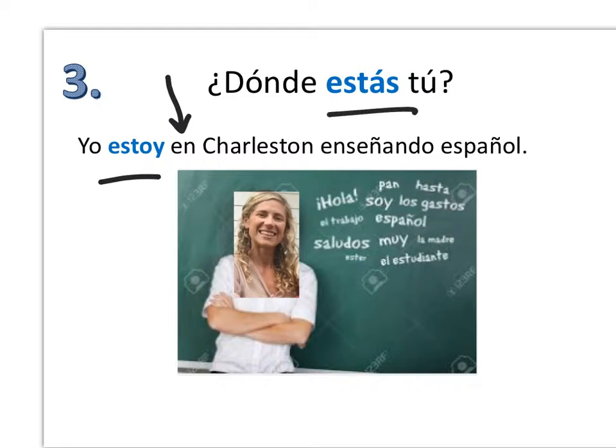Estoy en versus soy de. Yo estoy en Charleston enseñando español. ¿Comprenden la diferencia? Because estoy and soy are both saying I am, but when I say soy de Kentucky, I'm talking about where I'm from. Estoy en is saying I am in Charleston, my location.